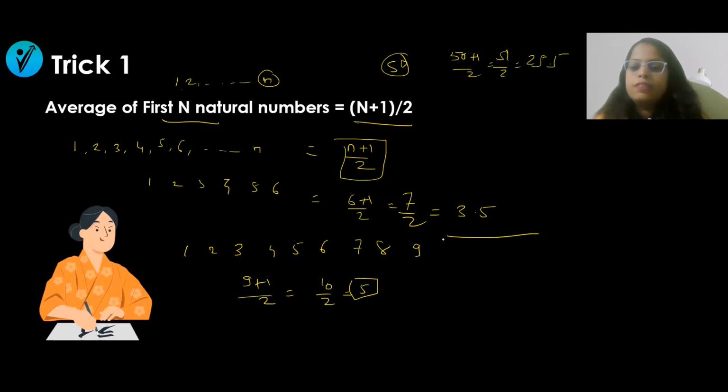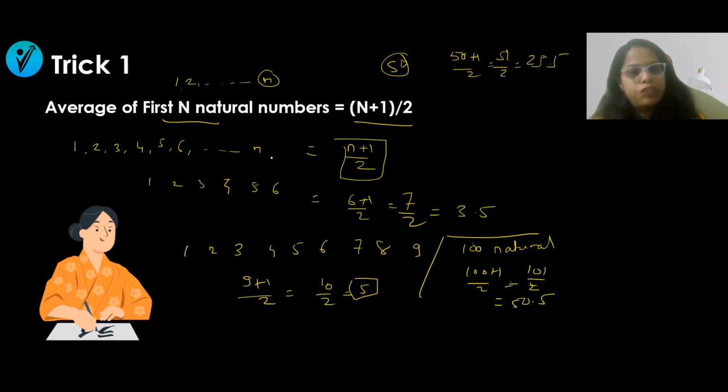If I asked you what is the average of first 100 natural numbers, you will simply add 100 plus 1 by 2, that means 101 by 2, so it will be equal to 50.5.